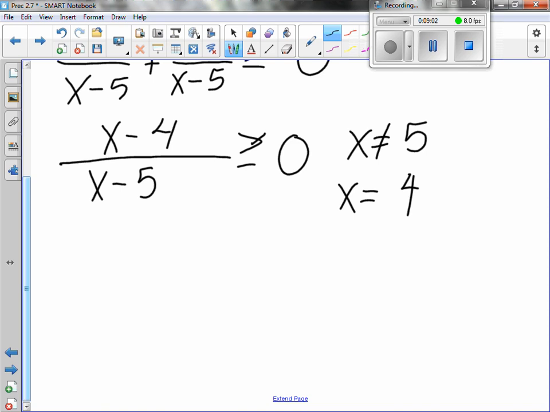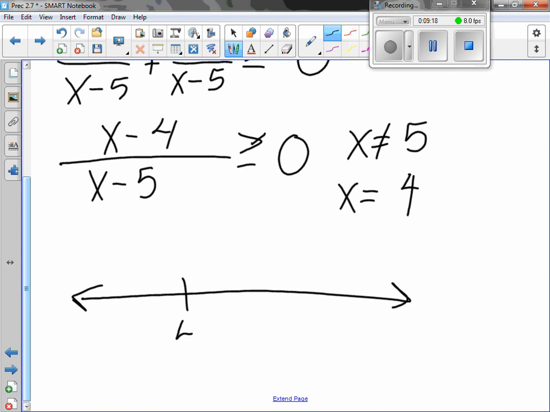How many key factors or key things do we have here? 2. Because one of them is 4, the other is actually 5. The other one's 5, and I'll let you see it when we graph this.